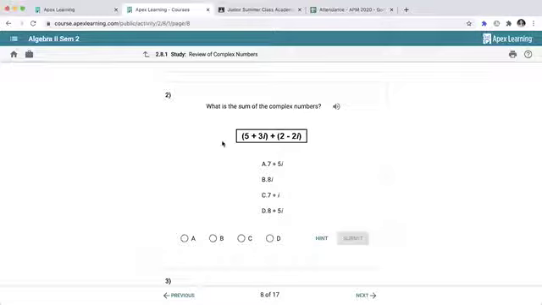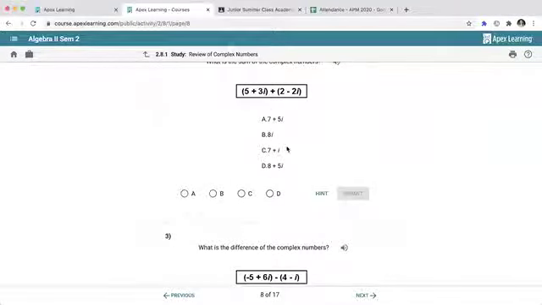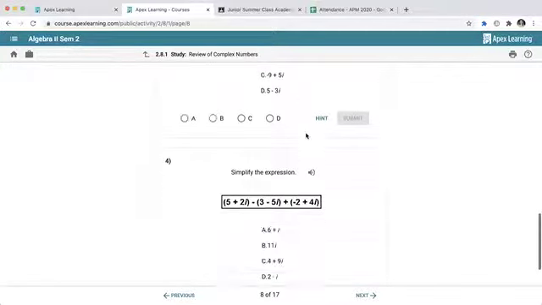Again, dealing with the sum or the difference, the first thing would be distributing any negative signs if necessary. So obviously we would distribute the negative signs down here for number 3. Then for 2 and 3, you're again going to collect the like terms. So collect your real parts, collect your imaginary parts, and then obviously you know how to do basic mathematical operations from there.